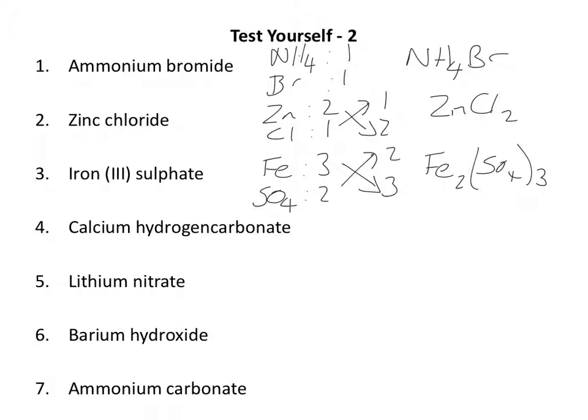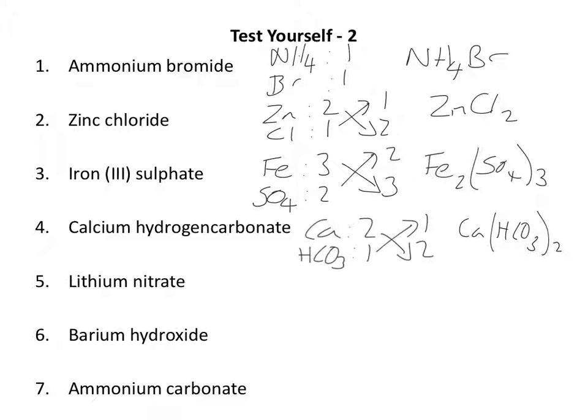Calcium hydrogen carbonate. Calcium has a valency of 2. Hydrogen carbonate, which we don't often see, has a valency of 1. We swap them over, so we've got 1 and a 2, and we've got 2 lots of a compound ion, so we're going to need brackets around the compound ion, so that's going to be Ca(HCO3)2.